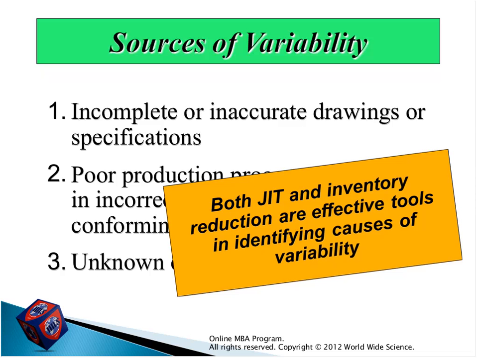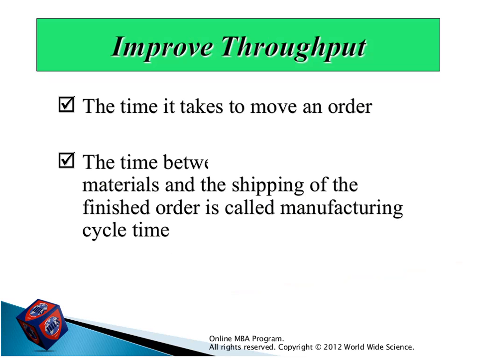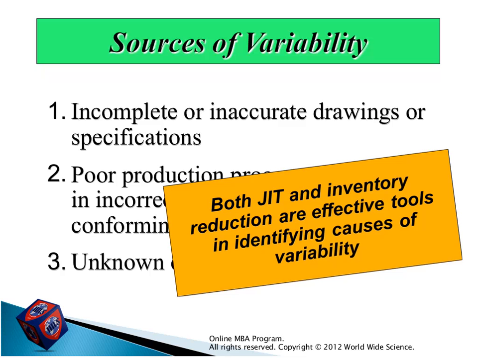Yes, exactly, forecasting. If you cannot do forecasting, you will face problems in production process. So, just-in-time and inventory reduction are effective tools in identifying causes of variability. So, just-in-time can be a useful tool to remove variability in your company.